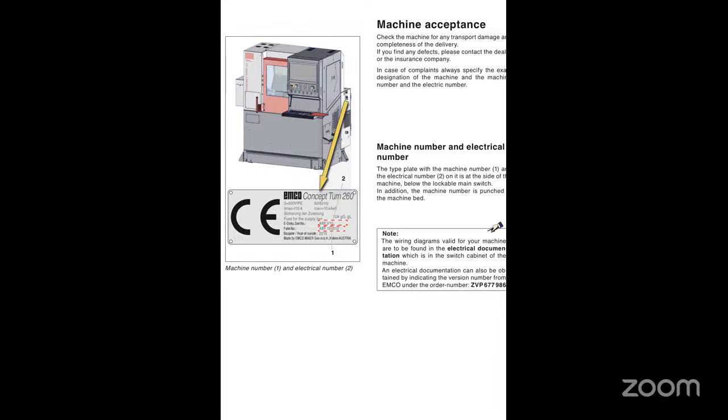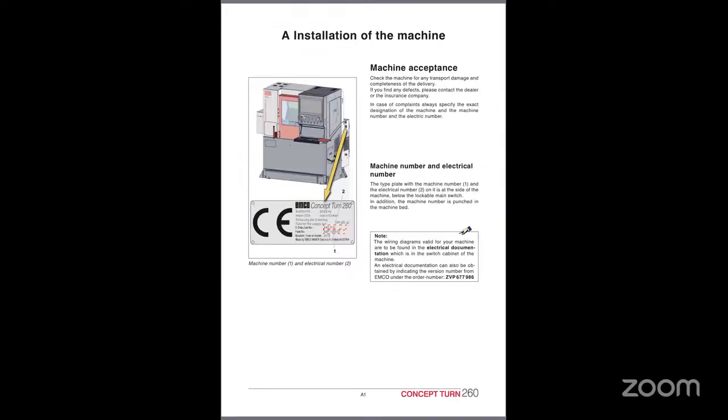And this number you can see on the side of the machine below the main switch. There is a nameplate. In that nameplate, you can see the machine number and electrical number. When you send a support email to Emco, you have to mention the machine number, electrical number, and software version. Otherwise, they will not be able to provide proper support.